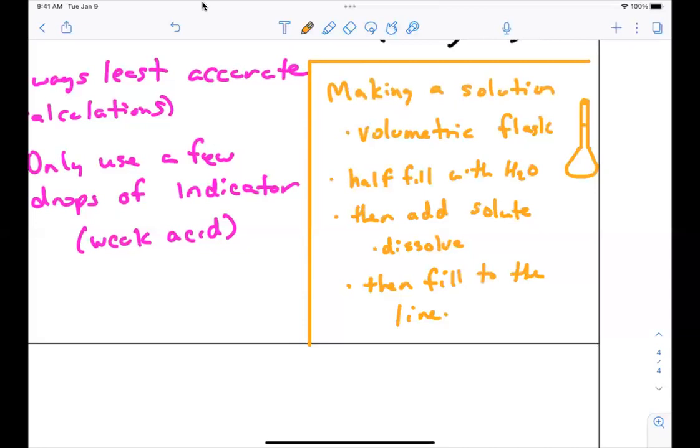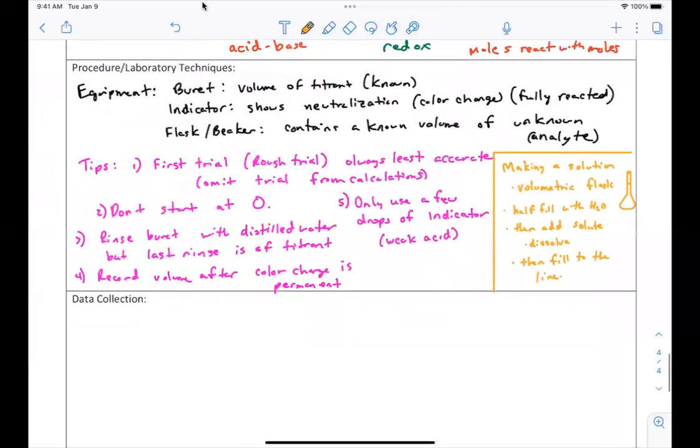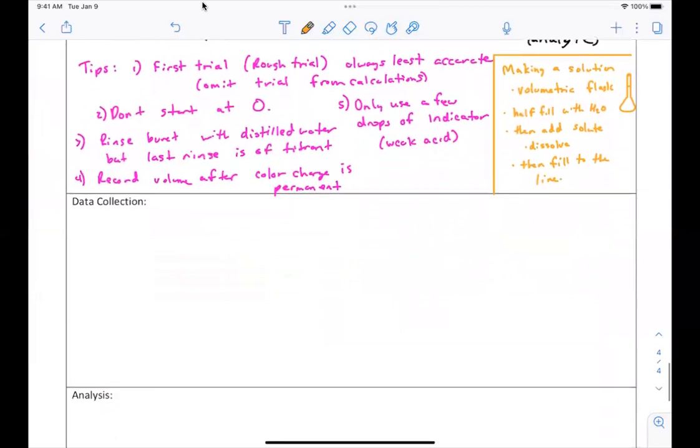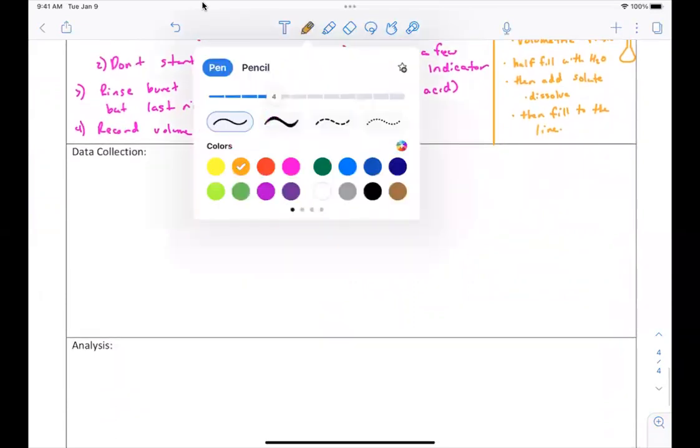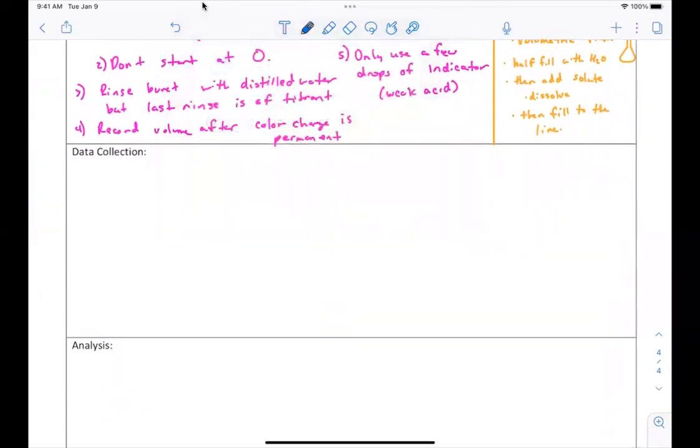Okay. So those are the procedure and laboratory techniques that you need to be familiar with for titration. Okay. Now, data collection: you need to know what values you need for the analysis. One, molarity of the titrant. So of your known solution, you need to know the molarity.